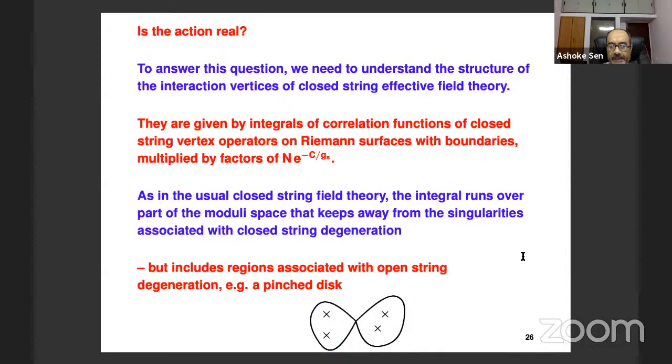So this part is the same as in closed string field theory, but it includes regions associated with open string degeneration, like a pinched disk. Okay, so if you start with a single disk, it can pinch in the middle. So these kinds of singularities are included in the definition of the interaction vertex, and that happens because you have integrated out the open string modes. Okay, so this is something you have to guard against.